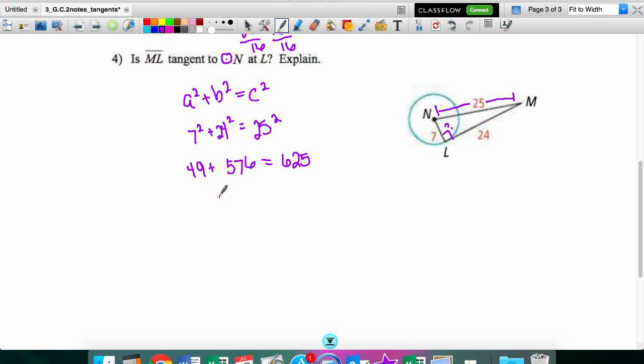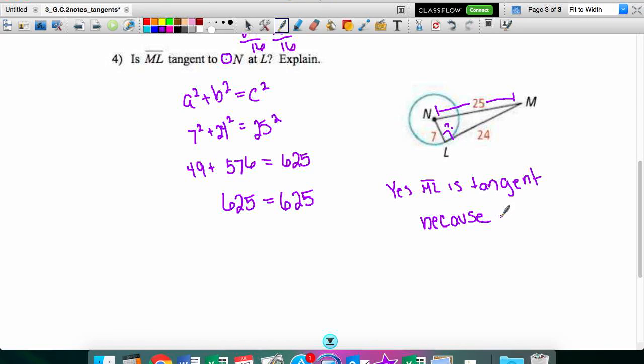Adding the left side up, 49 plus 576, we get 625. So, since the left is equal to the right, the Pythagorean theorem is true, therefore there's a right angle, and therefore by the theorem, this is a tangent line. So yes, ML is tangent because the Pythagorean theorem is true.